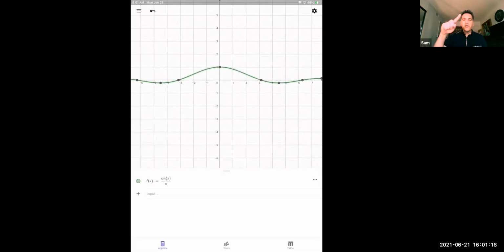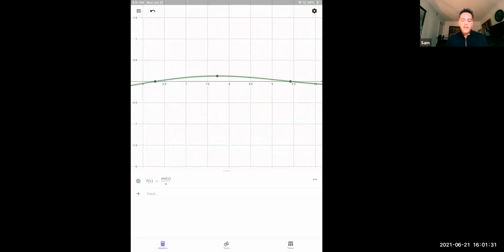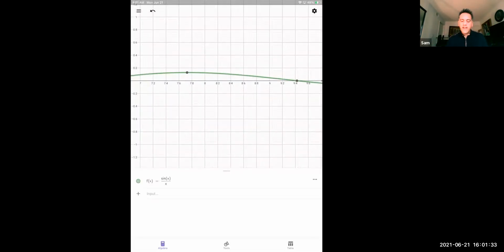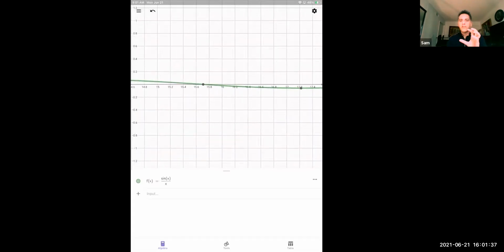The sine function is a wave function. When you divide it by x, since the denominator x gets bigger, the whole thing gets smaller. So the wave is kind of getting killed. As x gets big, the wave gets shorter and shorter.